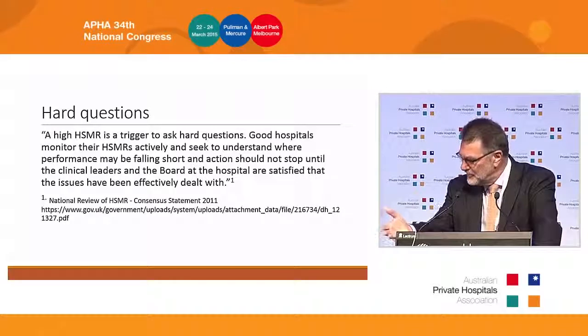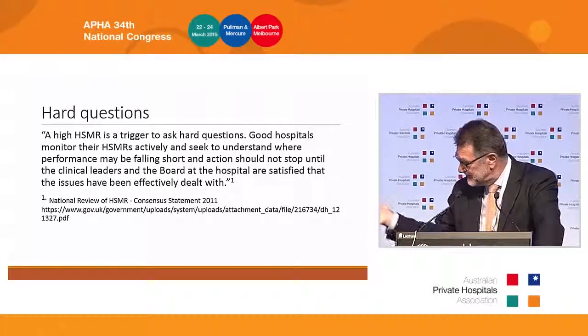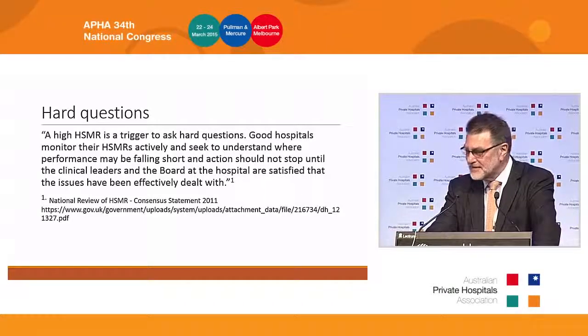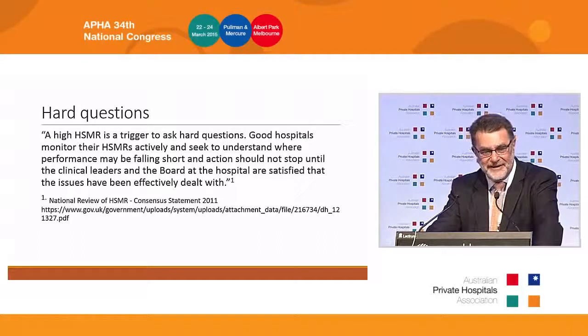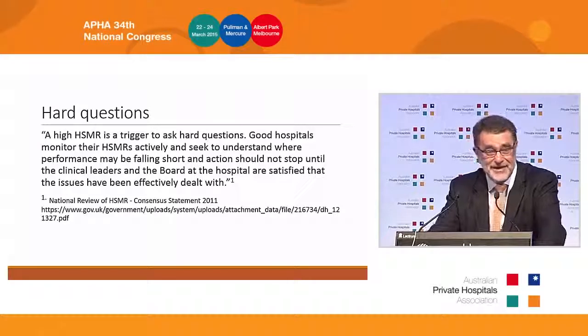Good hospitals monitor their HSMRs, their safety and quality measures, actively using the kind of tools that Chris provides or a variety of others, and seek to understand where performance may be falling short, and action should not stop until the clinical leaders and the board at the hospital are satisfied that the issues have been effectively dealt with. I think that sums up the challenge.